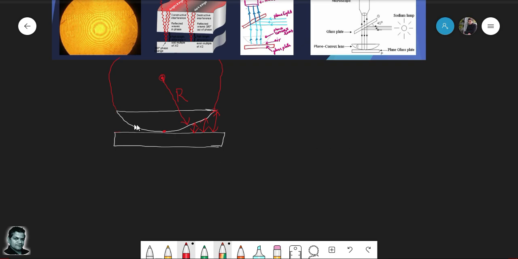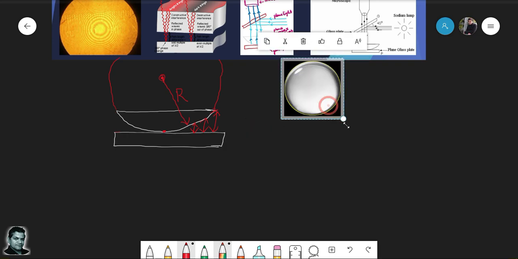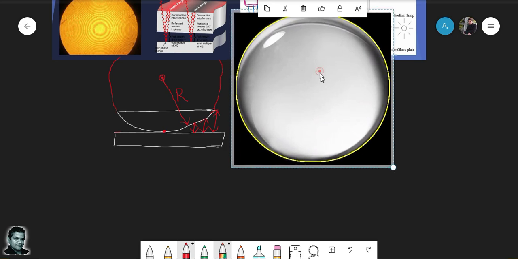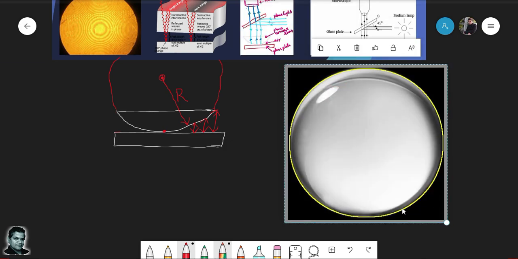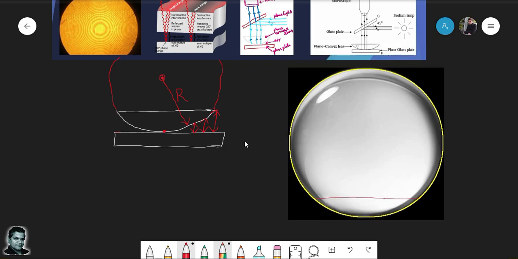Now, let us look at how this plano-convex lens is formed. To form a plano-convex lens, you take a huge glass sphere, and cut a part out. This part becomes your plano-convex lens. If you look from the top, you would see a circular lens with some radius.